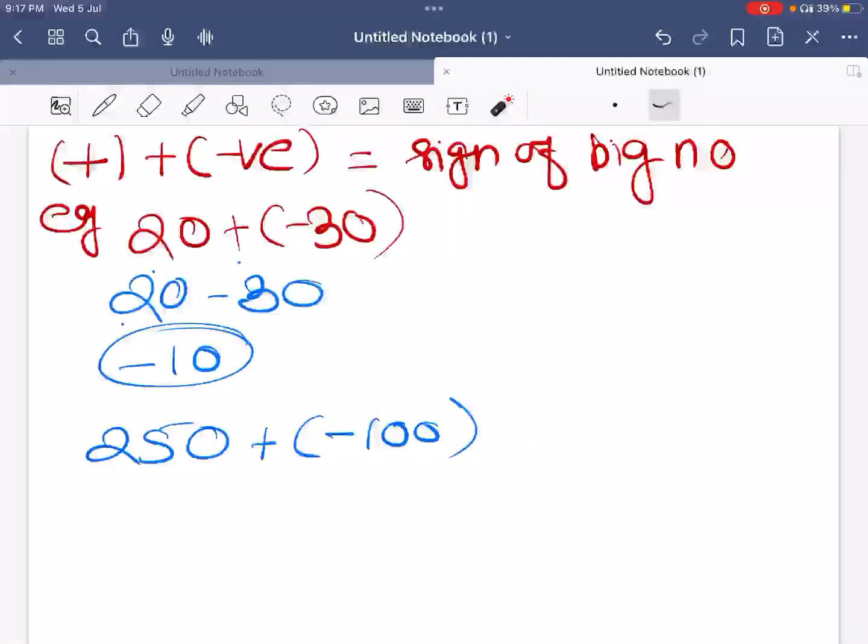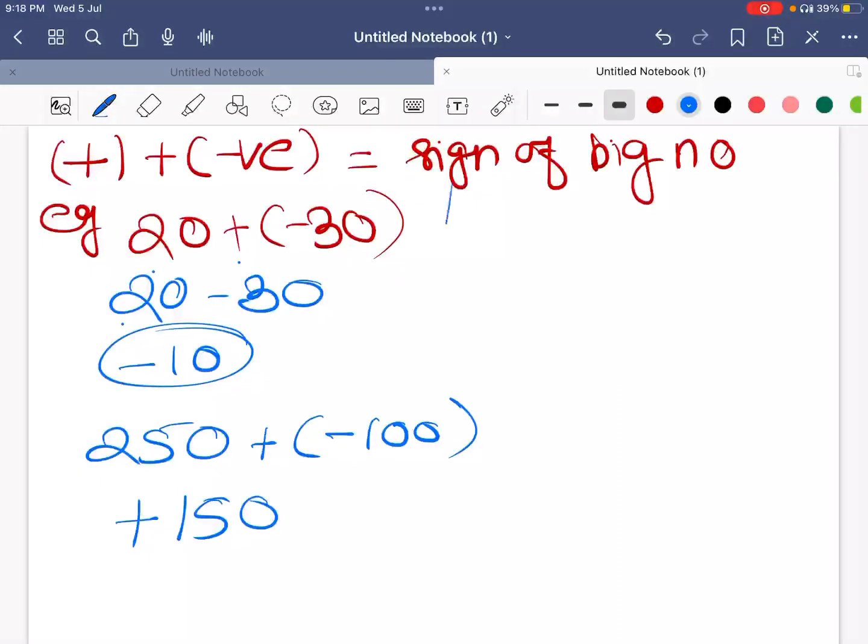So let's take the example 250 minus 100. So we have to subtract this. The answer is 150. And as per the previous case, we have to put the sign of the bigger term. So 250 is bigger than 100. So your answer is plus 150.